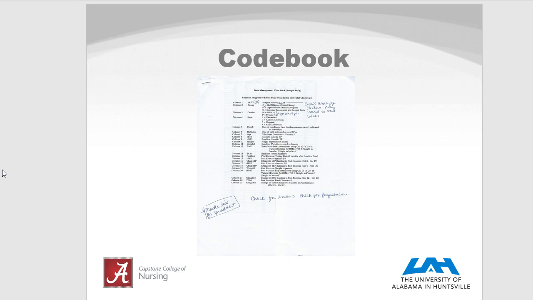We had a very large, I would call it intense, data management and analysis class. We were given an example code book. This is one that somebody just typed up. They put what the variable name is and their definition, and that's essentially what it is.